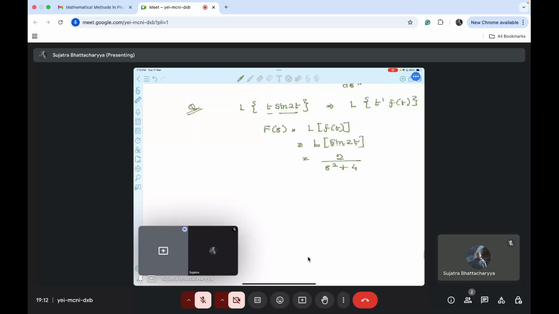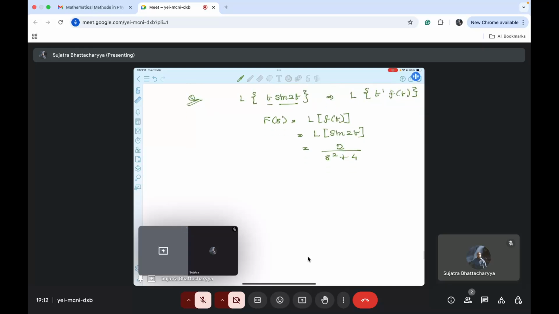Now, you know F(s). Then what is the Laplace transform of t sin 2t? It is nothing but once you differentiate d/ds of 2 upon s^2 plus 4, and you have just multiplied with a minus 1. So minus 1, d/ds of 2 upon s^2 plus 4.